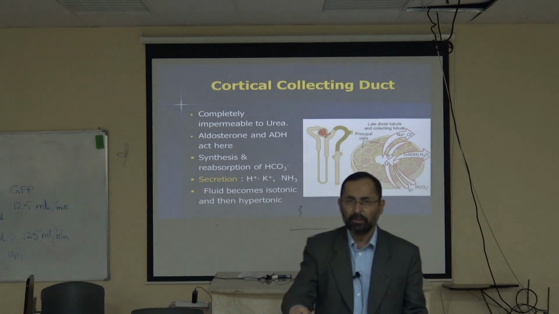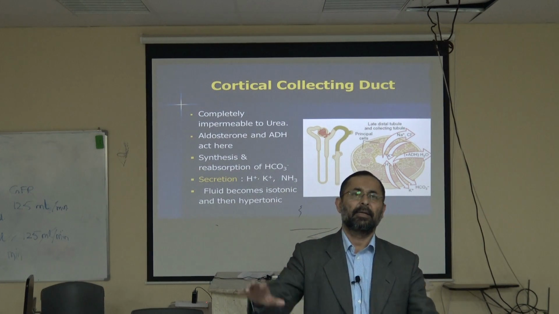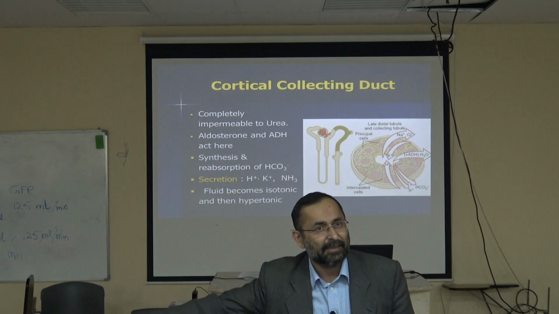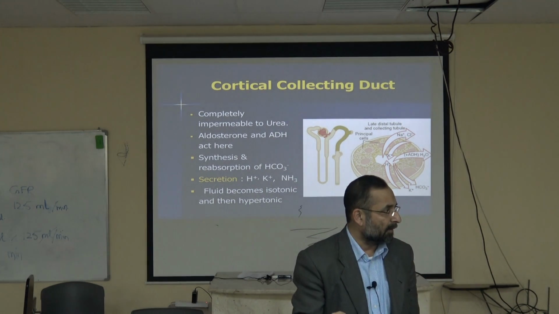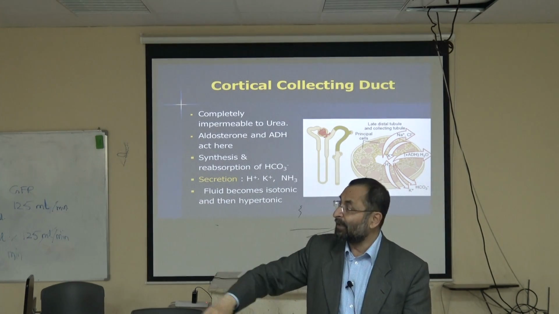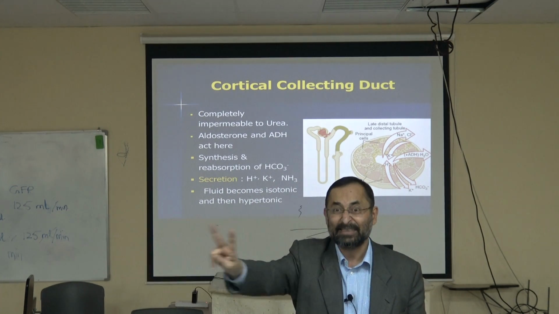It may not be written in the book, the new edition, but it's a fact. From proximal tubule to the last part, collecting ducts, okay? Hydrogen ions and ammonia, they are produced and secreted by all the areas except two. All the areas except two.